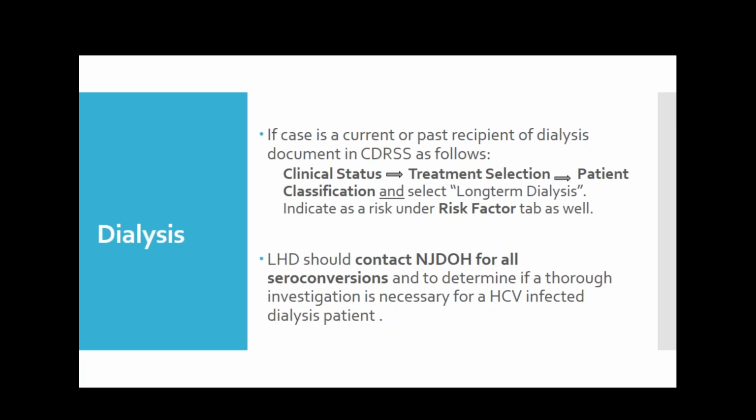Also indicate on the risk factor tab that the person is undergoing long-term dialysis. The LHD, the local health department, should contact NJDOH for all seroconversions. So that's important. Please contact us for all seroconversions to determine if a thorough investigation is necessary for an HCV-infected dialysis patient.